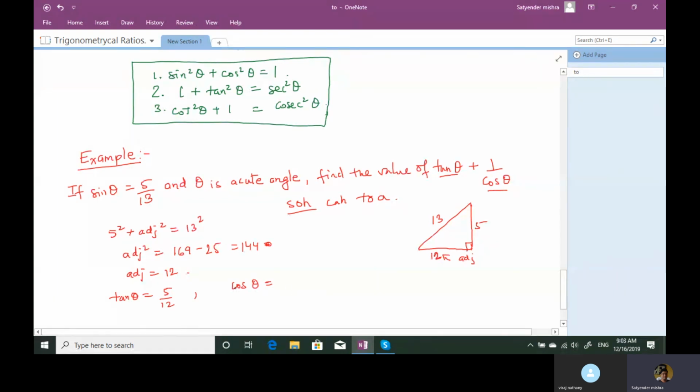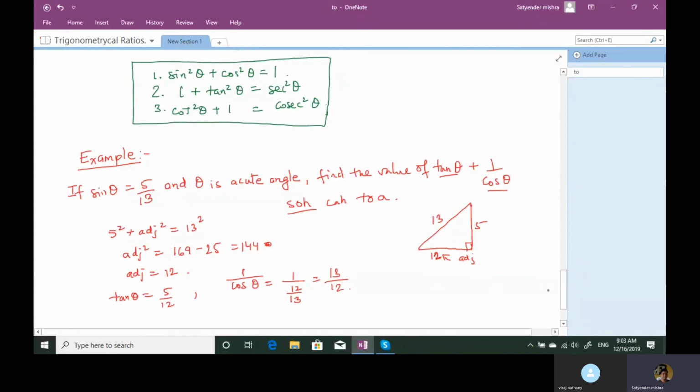This is actually 1 by cos theta, so let's write down 1 by cos theta. Since cos theta is adjacent by hypotenuse, it is 12 by 13, so 1 by cos theta is equal to 13 by 12.